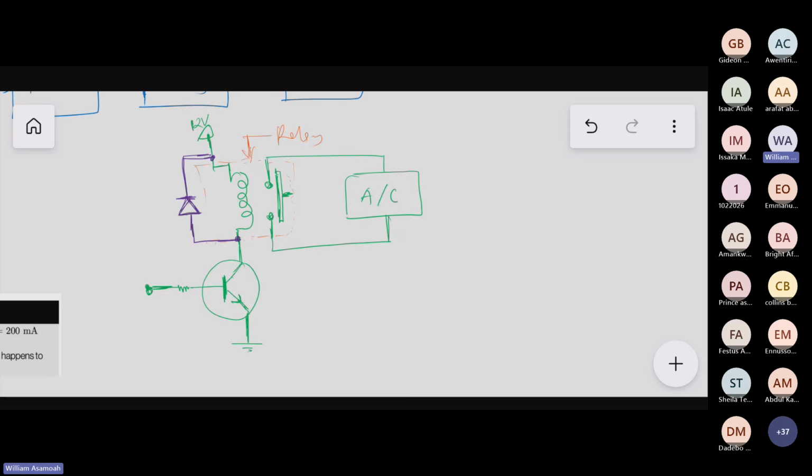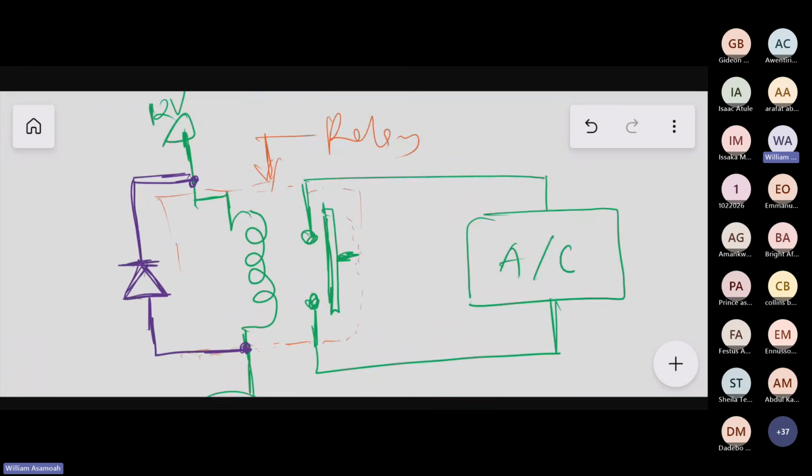Please, do we understand? So that when this guy turns off, the diode will turn on. You know, it's in reverse bias. So if here is 12, it will never work if current is moving in this direction. If current is coming down here, it can never pass through the diode.